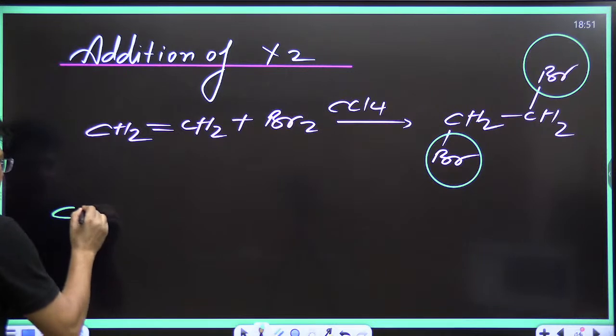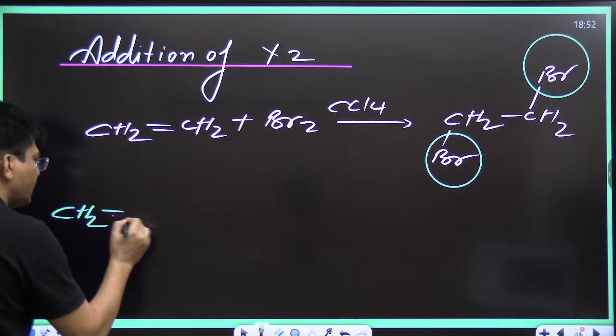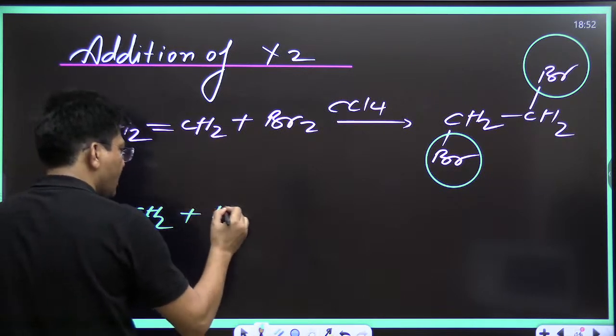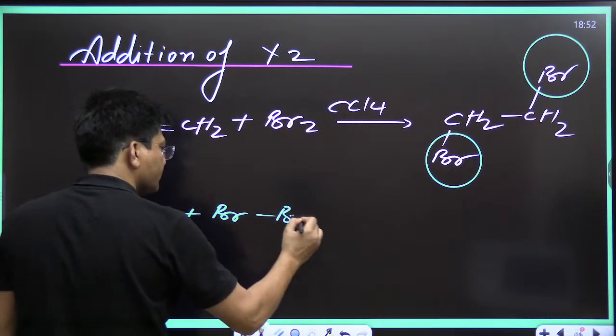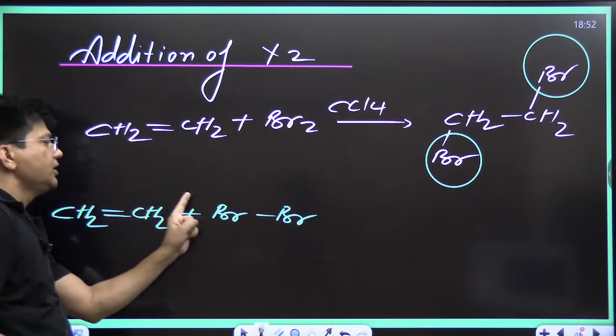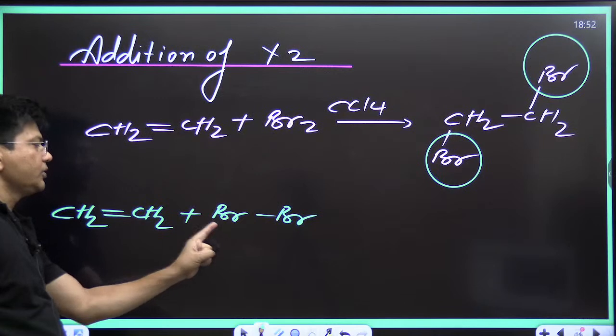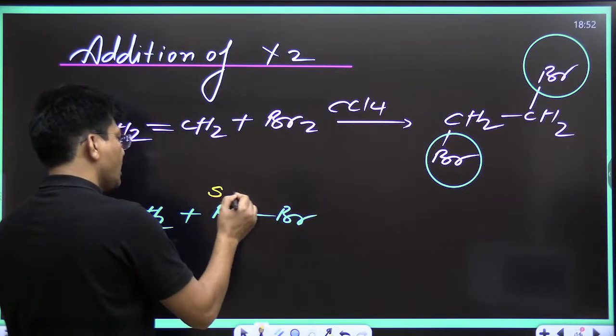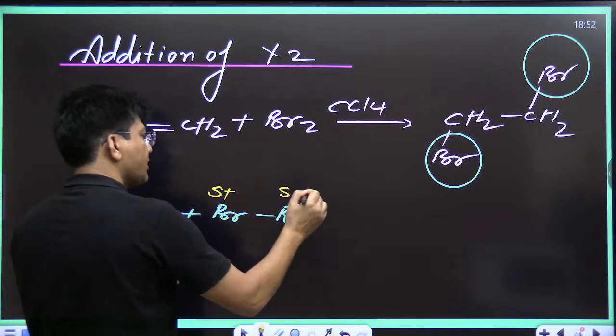This is your CH2=CH2 and Br-Br. This is non-polar, this is polar. This polar compound will induce charge on this compound. You know, London forces, weak forces, Br positive, Br negative.